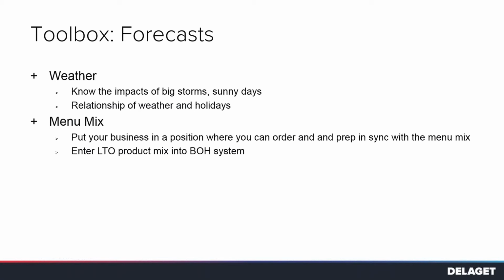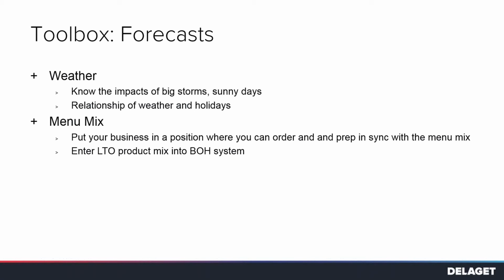And then the menu mix, and this is something that I found in my career that is very undervalued at the restaurant level and requires some additional coaching from an above-store leader or from somebody at the restaurant level that's got a great deal of experience that values this piece.